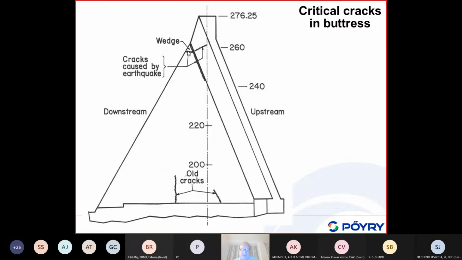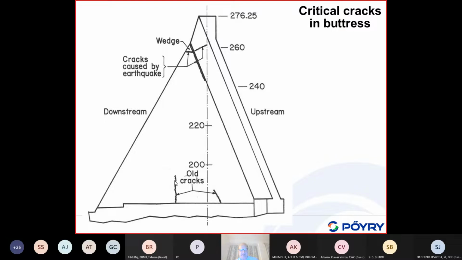In addition, we have a horizontal crack along a lift joint. When we have this crack and this crack, this wedge is about 3-4 meters high. It became separated by 2 cracks. We have some crack developing here and then some crack developing further here.